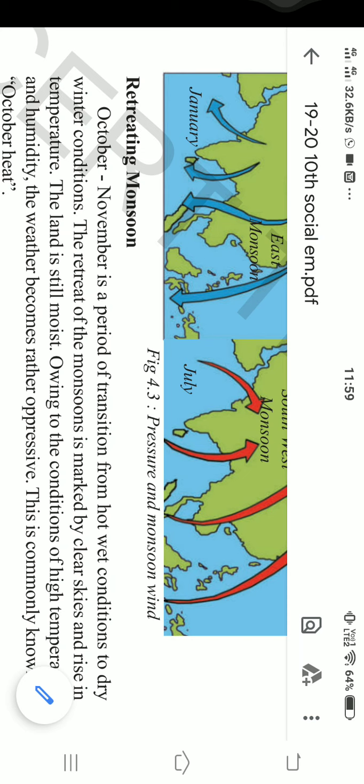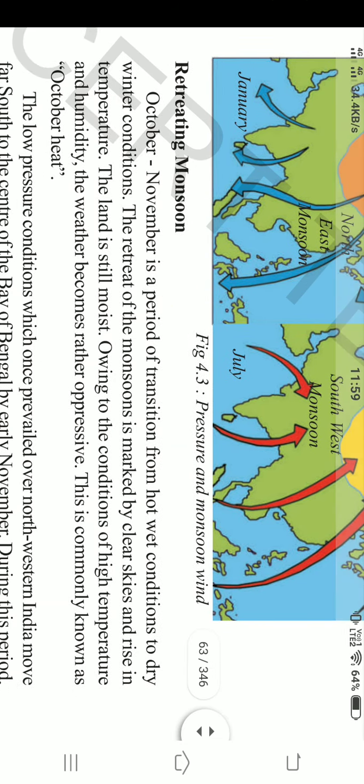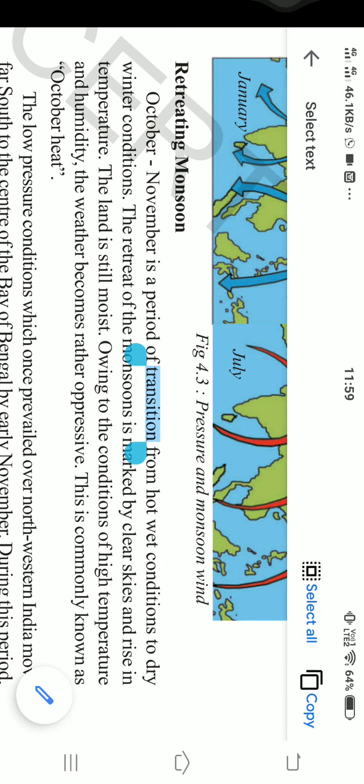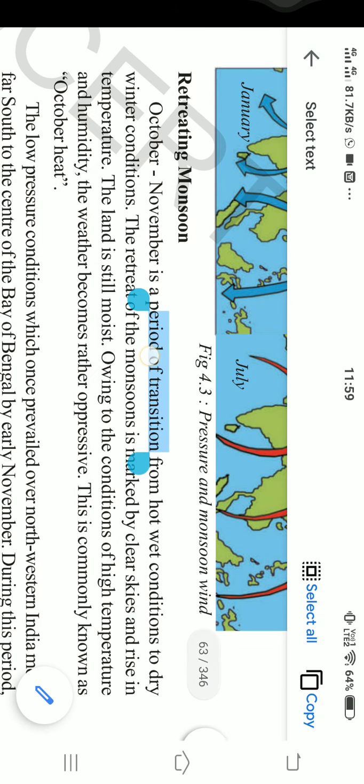During October and November, there is a transition from hot, wet conditions to dry winter conditions. In summer it is very hot, right? And after the summer it rains. So it is hot and wet up to September. By October, November, these hot, wet conditions on the Indian subcontinent turn to dry winter conditions.